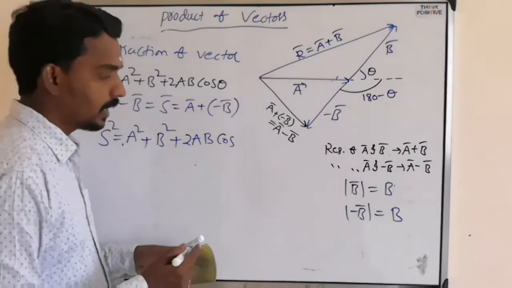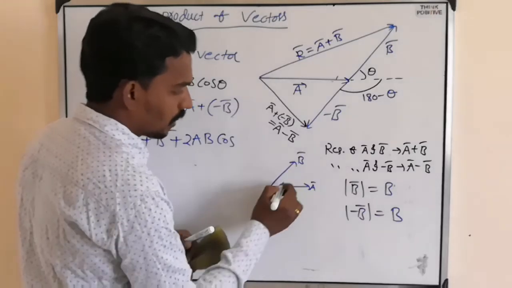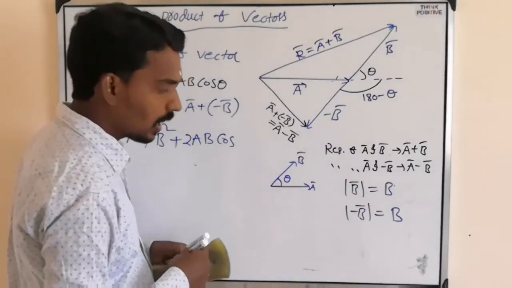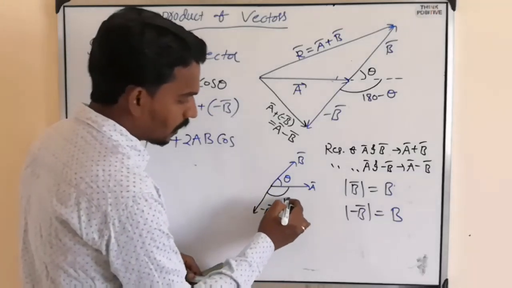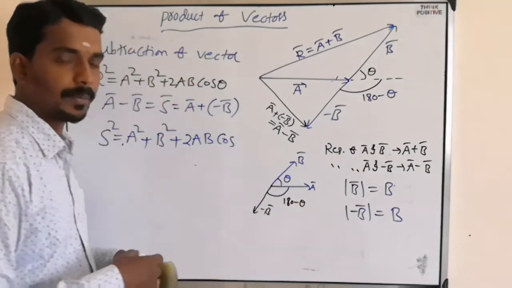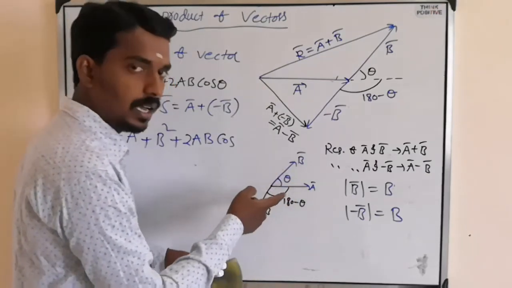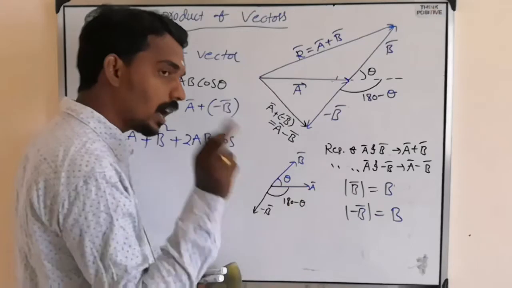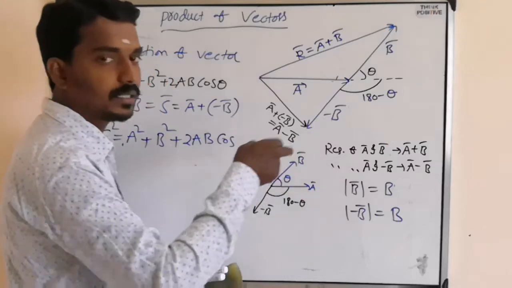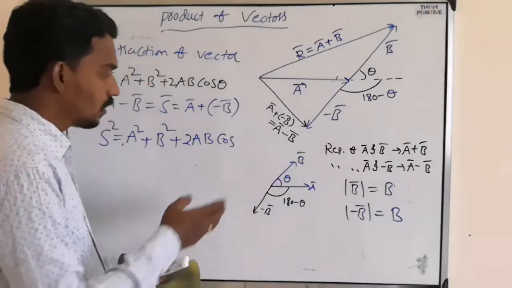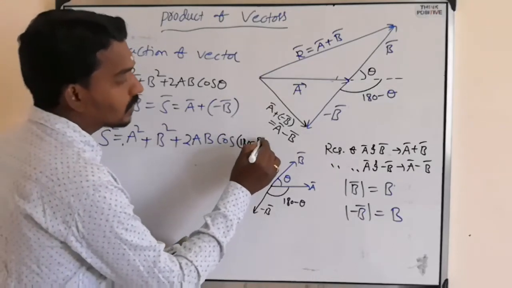If the angle between A bar and B bar is theta, then the angle between A bar and minus B bar will become 180 minus theta. Simple mathematics. So here comes the angle 180 minus theta.